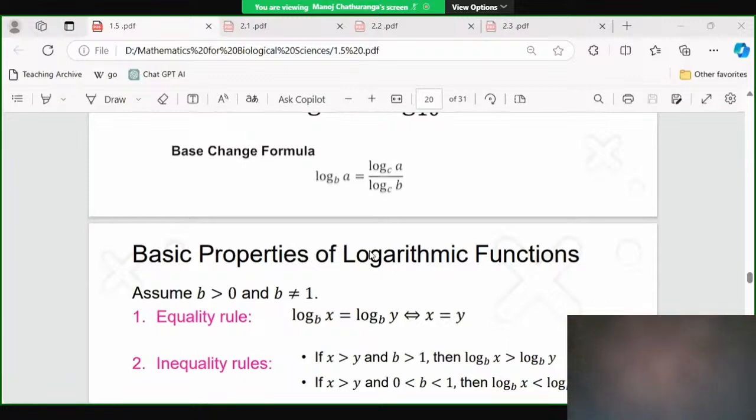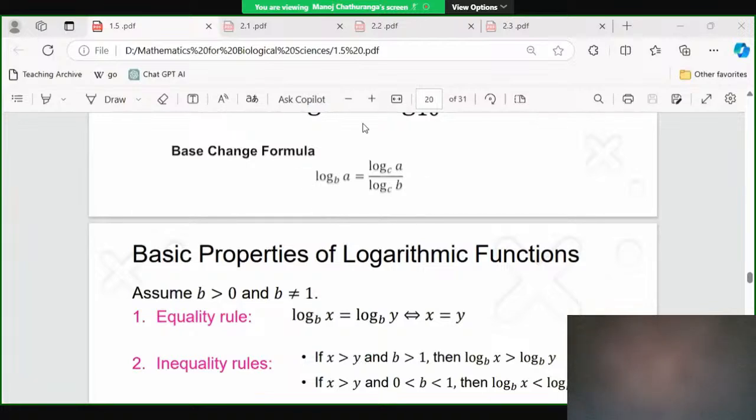If you know log base c, you have tables and you have everything. Let's say you want to change from base c to base b. What you do is take the log of c base a and divide it by the log of c base b.